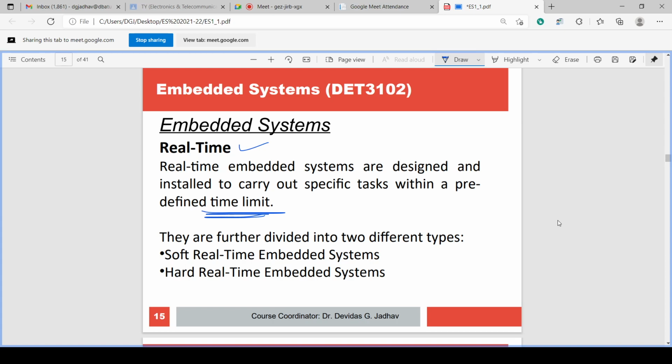Okay. So real-time means it is functioning on a real-time basis. Real-time embedded systems are designed and installed to carry out specific tasks within the predefined time limit.